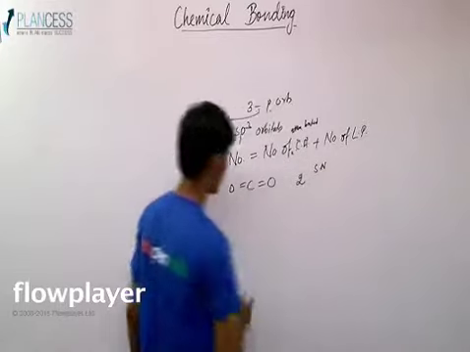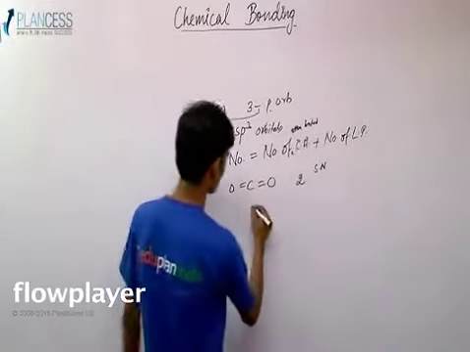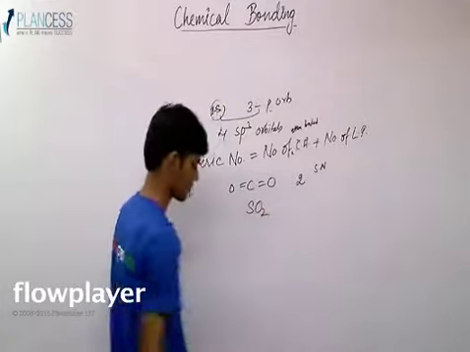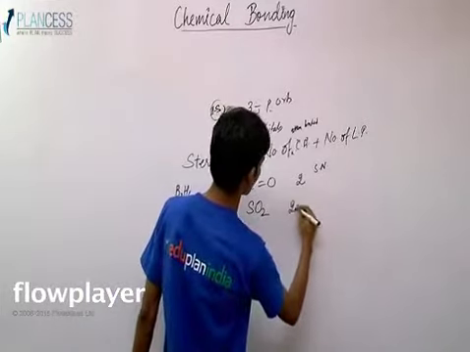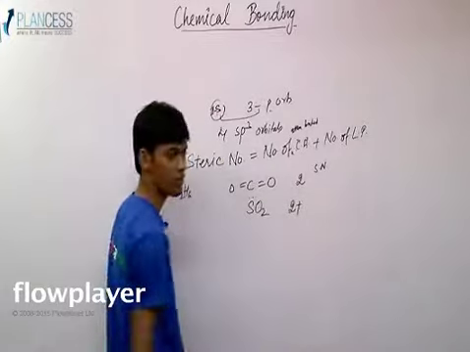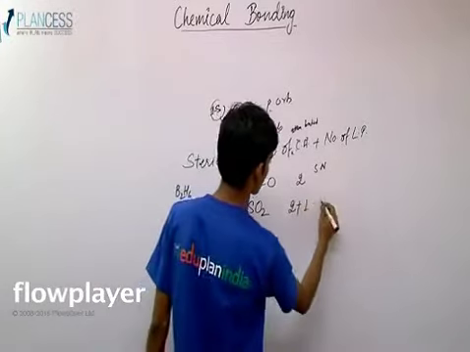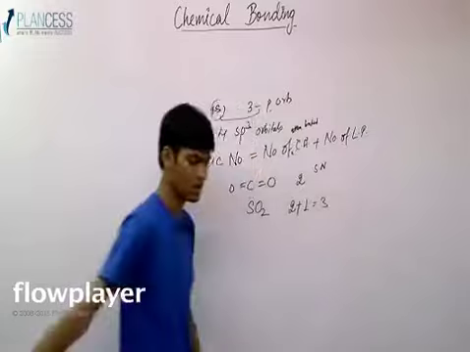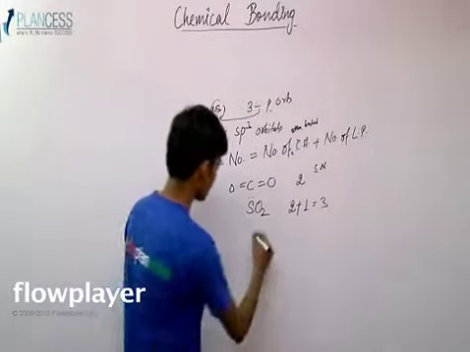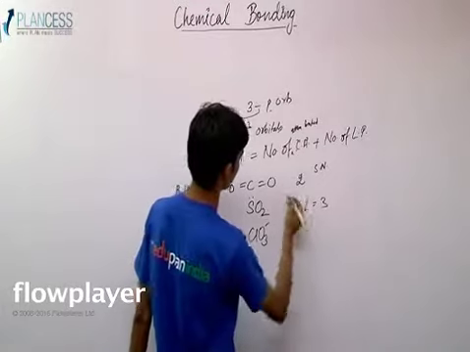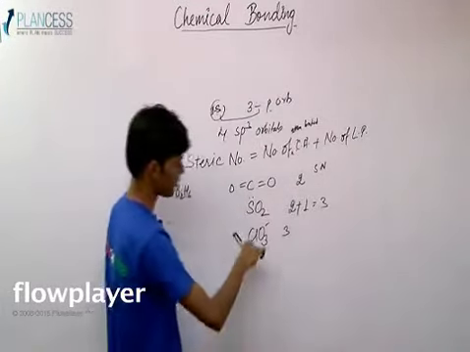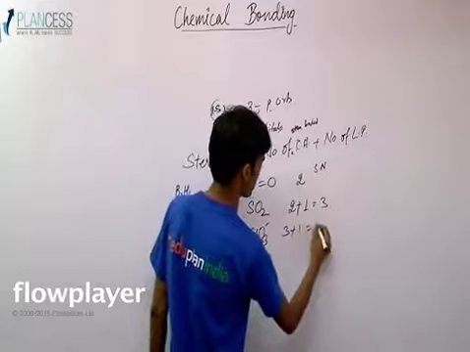For SO2, the number of atoms bonded is 2 and 1 lone pair is present, so the steric number is 3. For ClO3 minus, the number of atoms bonded is 3 and the number of lone pairs is 1, so the steric number is 4.